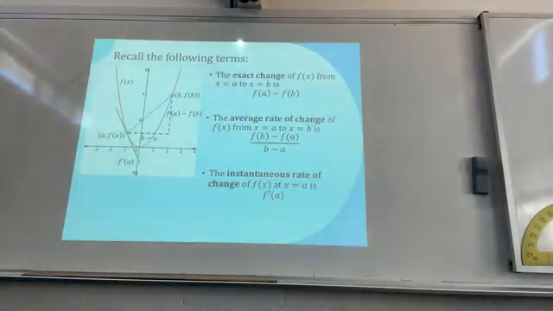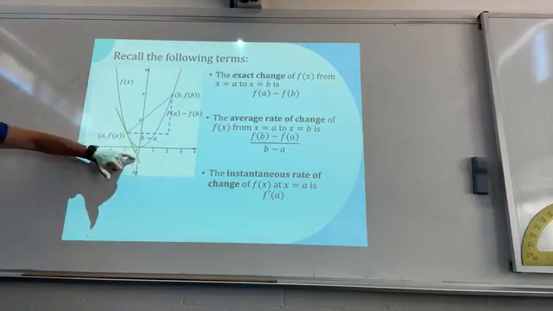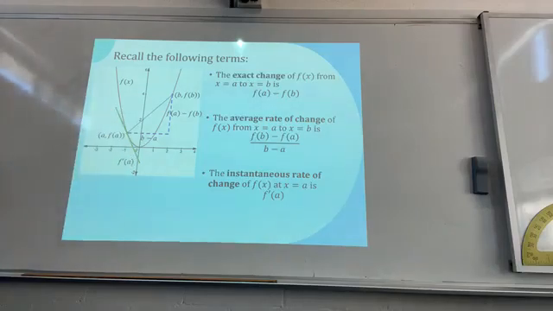Average rate of change is just basically the gradient: f(b) minus f(a) divided by b minus a. And then, of course, the instantaneous rate of change of x at a is just the tangent at that point.